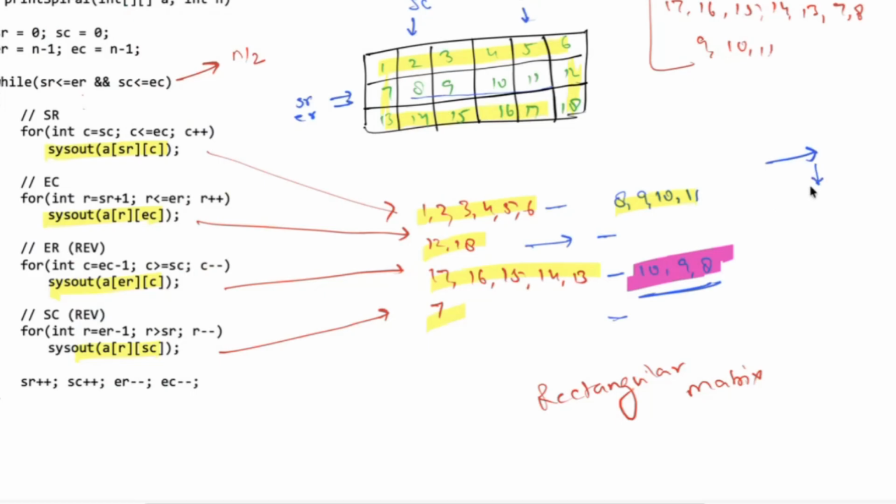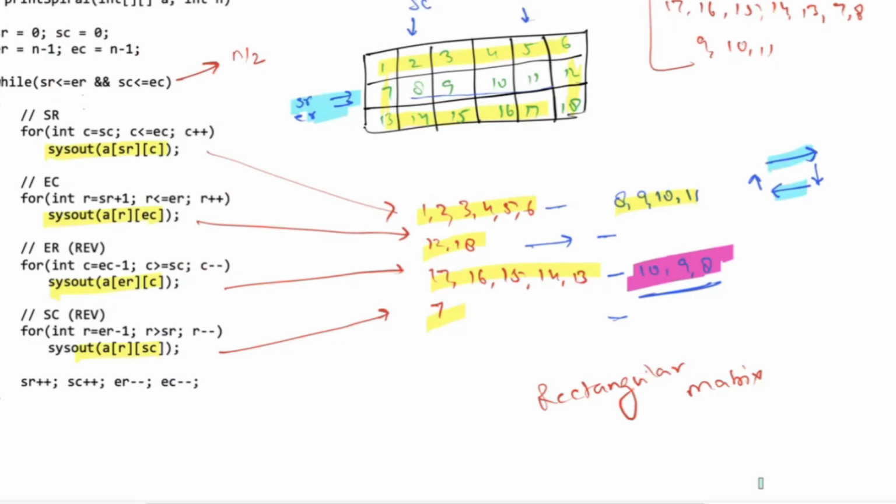Then the third for loop prints the last row in reverse order, and the fourth for loop prints the starting column. The problem here is that starting row and end row are the same. So because they are the same, the same row is getting printed in the forward order, and then in the third for loop, the same row is getting printed in the reverse order.